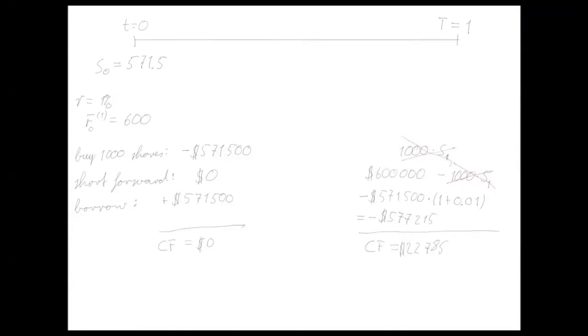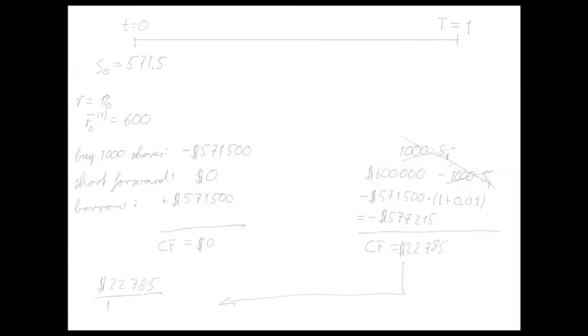The difference is the timing when you get the cash flow. Here you get it after 1 year. If I look at the present value of that cash flow back at time 0, then I have to discount it by the risk-free rate. So let's take this $22,785, discounted by the risk-free rate.